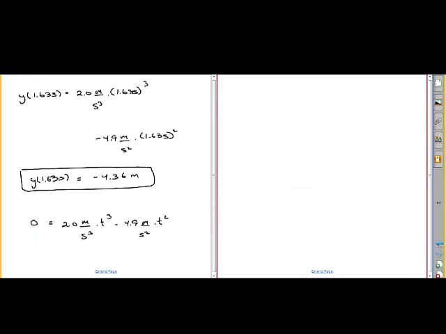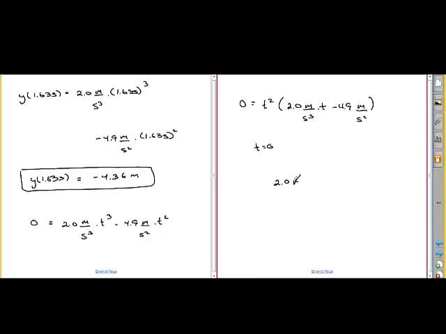We'll find the values of t where they go to 0. Well, you can see I can factor out t squared, and I'll end up with 2.0 meters per second cubed times t minus 4.9 meters per second squared. So t equals 0 is one solution, and that's my initial condition.